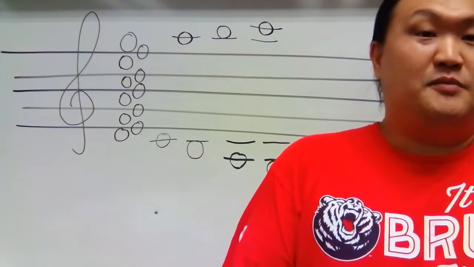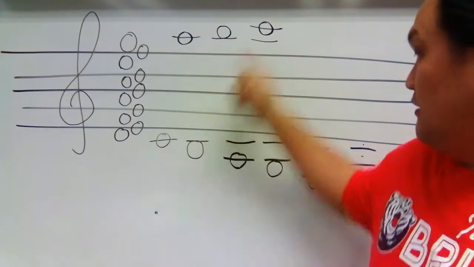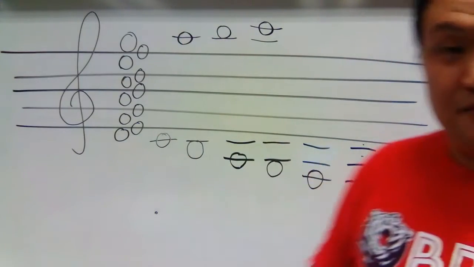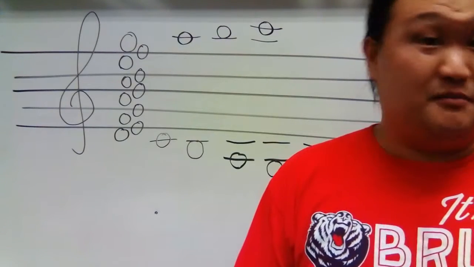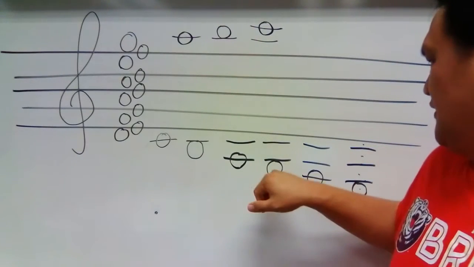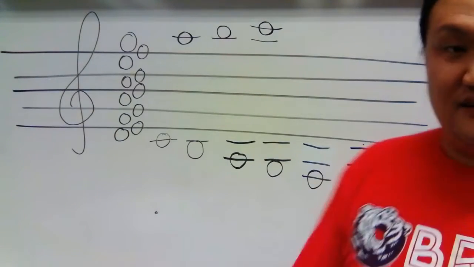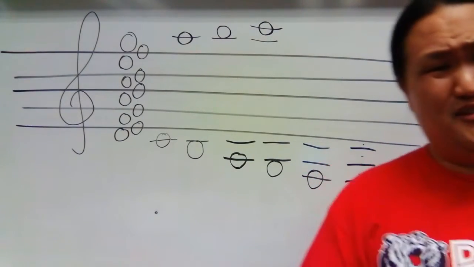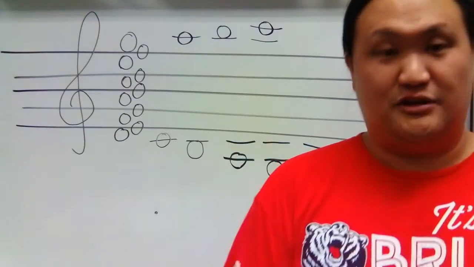Okay, and it will make it easier for people to read if you could try to line up these ledger lines as much as possible. And secondly, make sure you use the correct number of ledger lines. So let's say I'm doing this G, if I only have one ledger line here, I can't tell whether that's a G or a B or whatever note you're trying to say.